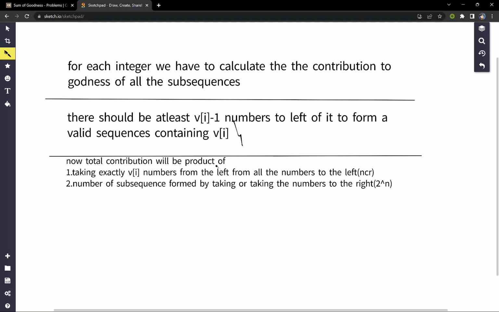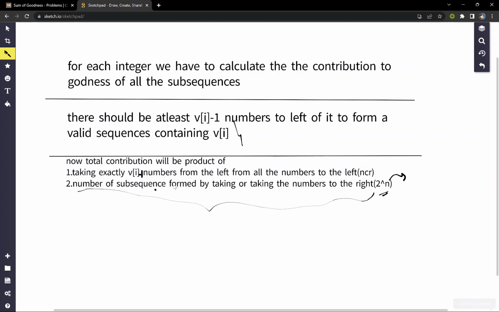The total contribution of this will be the product of exactly taking v of I minus 1 numbers from the left of it that are smaller than it, and the number of subsequences formed by taking or not taking the numbers to the right. These will be 2 to the power n, where n denotes the numbers to the right.